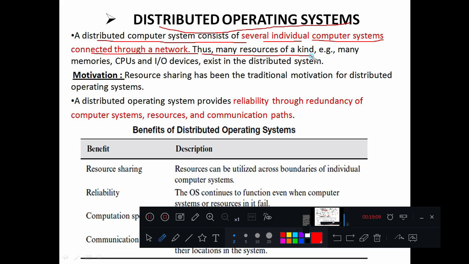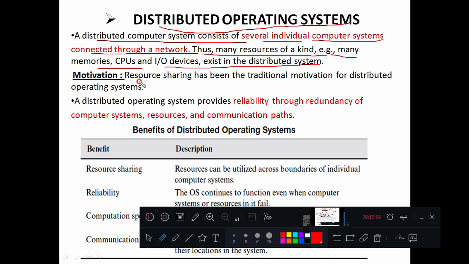Thus many resources of a kind, for example many memories, CPUs and IO devices, exist in a distributed system, right? In the case of a single computer system, I have a limited number of CPUs, IO devices and memories. When I connect multiple computer systems through a network, I can access multiple IO devices which are available in different computer systems, right?